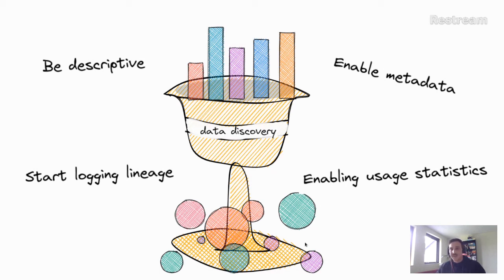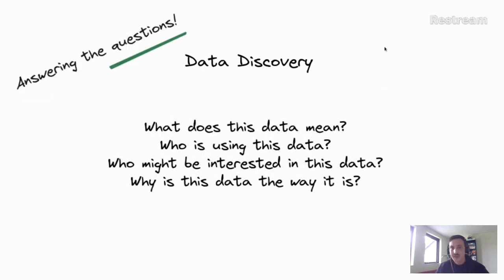All this information together helps you answer the questions: what does this data mean? Who is using this data? Who might be interested in this data? And also, why is this data the way it is? Once you have the foundation, then we can start answering these questions and grouping that information together, or putting a system on top which aggregates and extracts all this information and puts it together for us.